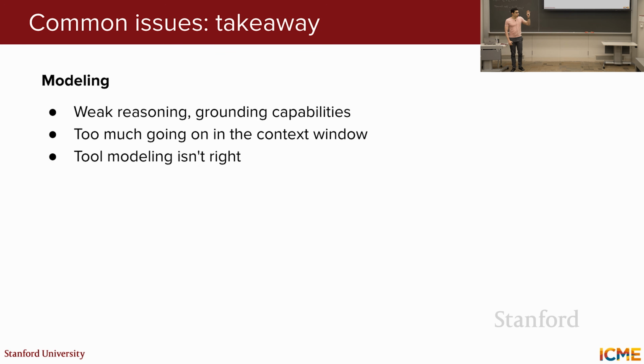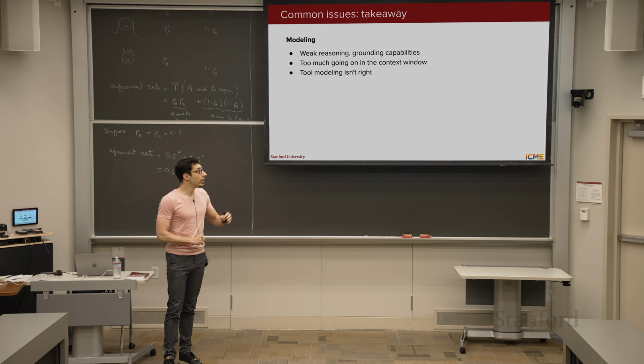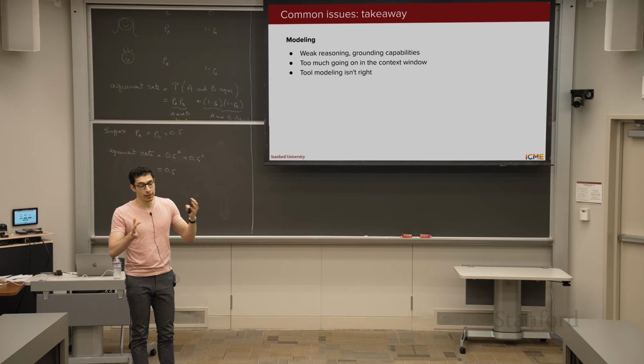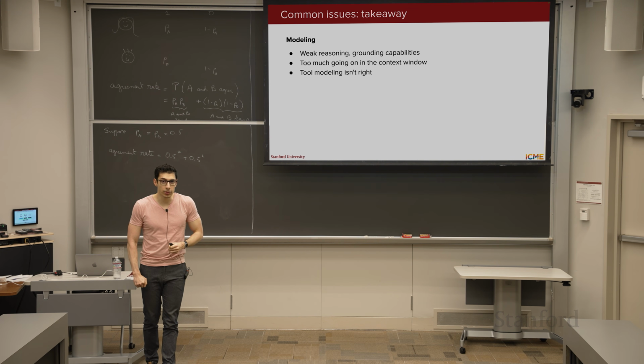to summarizing what were the common trends in these failure modes. Oftentimes we have talked about the modeling side, where sometimes improving the model's ability to reason and ground could be the solution. Another kind of complaint that we have seen is the relevance of what we put in the context window. If we improve that relevance, maybe it gets better.